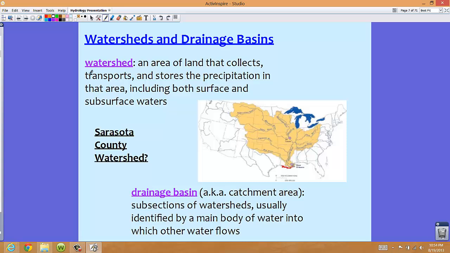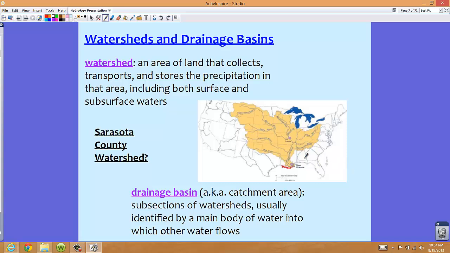So the term watershed, this is an area of land that collects, transports, and stores precipitation in the area, and it includes both surface and subsurface waters. So it includes in this Mississippi watershed the river itself, all its tributaries, and any of the little rivers, the lakes, the streams that might not even be on this map. So this whole thing here is the drainage basin, also known as a watershed.